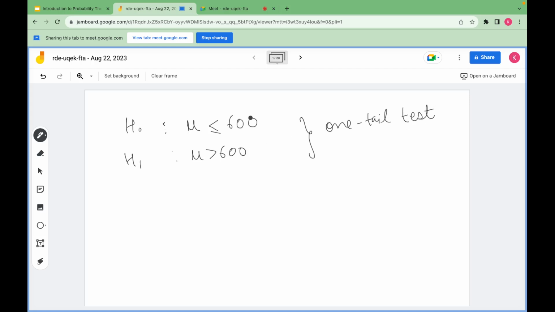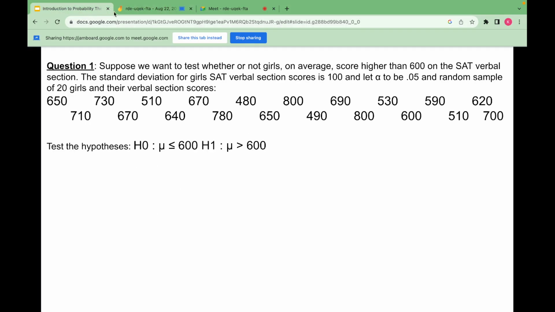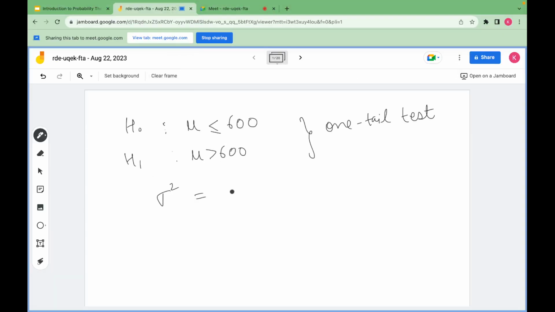Sigma for the whole population is given, which is 100, and alpha is 0.05. So we have this data and we need to test this hypothesis. Now we will use this test.